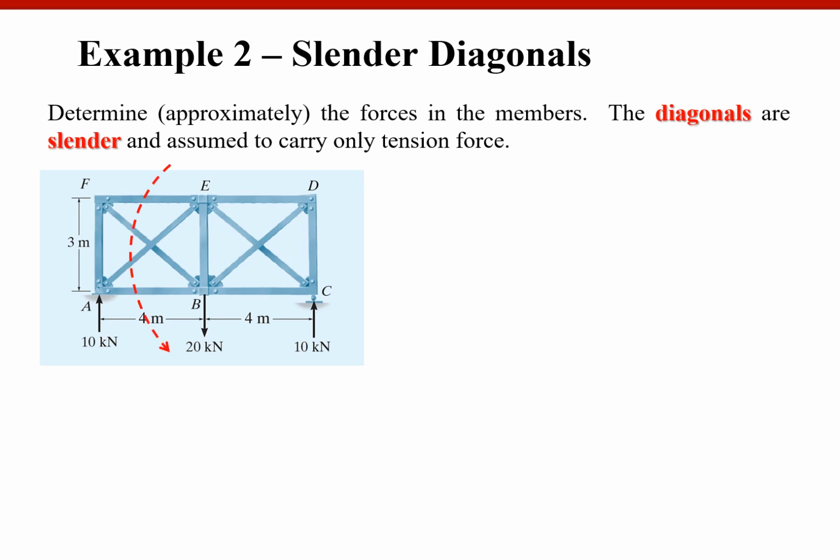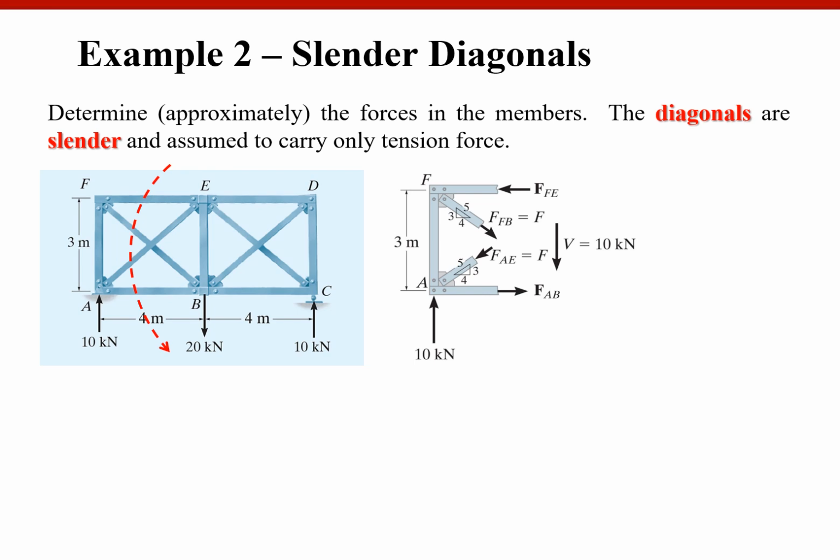We are going to make an imaginary cut and get the corresponding free body diagram. In this case, you are going to have 1, 2, 3, 4 unknowns. I know FAE is in compression, so it will be assumed to be 0. In that case, the vertical component of FFB must be 10K.